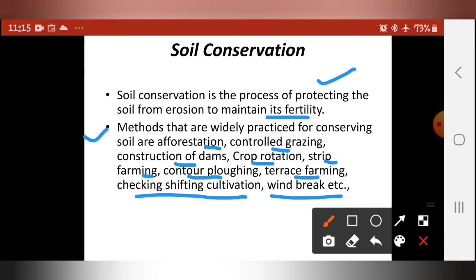Controlling grazing, because in many areas there is too much grazing. Next, construction of dams, crop rotation, strip farming, contour ploughing, terrace farming, checking shifting cultivation, windbreaks. So these are the methods of conserving the soil.